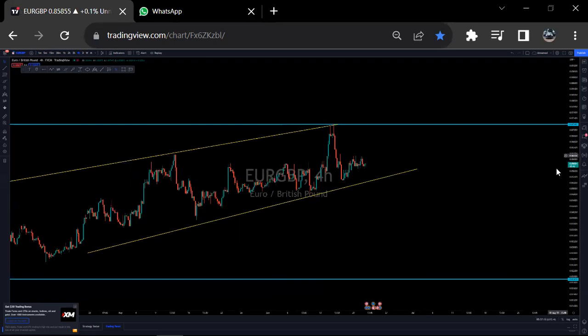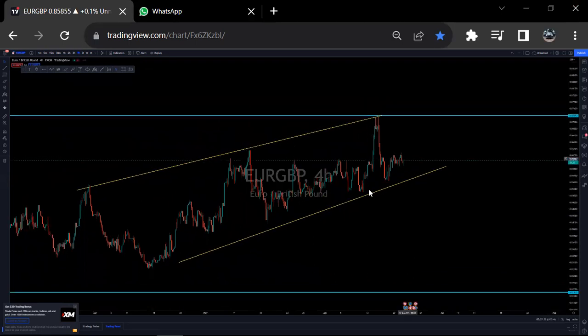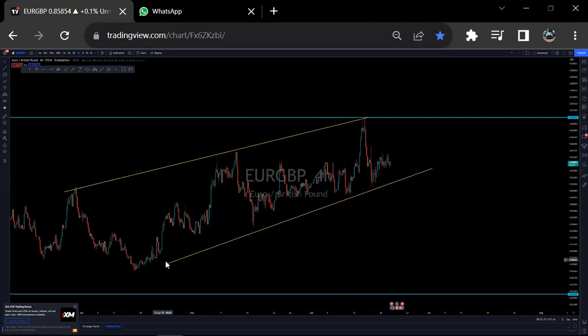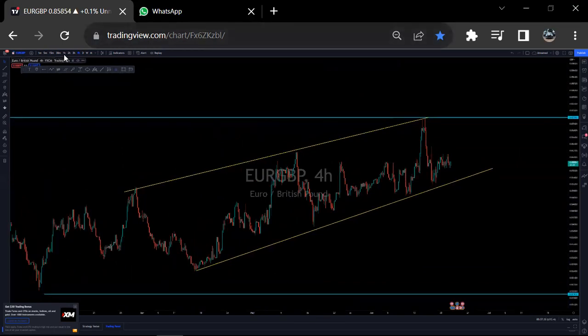Okay, so we now went to the 4 hour. As you could see, we dropped from that level there, see? They dropped from that level. So now we have to go to the 1 hour.